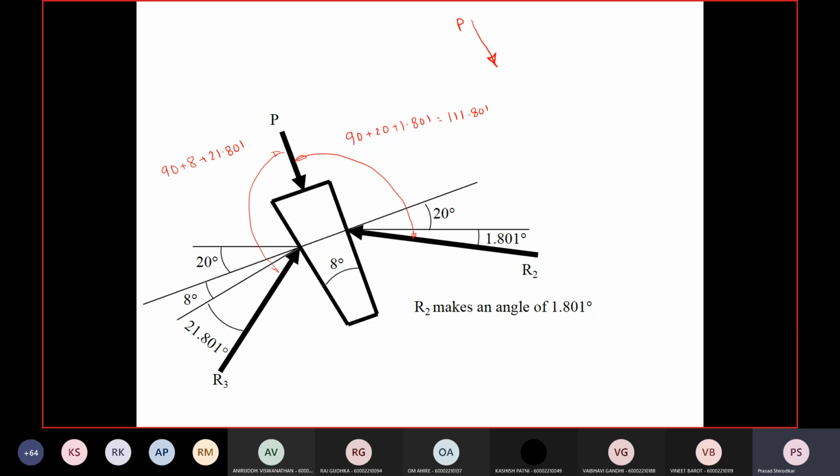This angle will be 180 minus 8 minus 21.801 minus 20 minus 1.801. So calculate these angles.